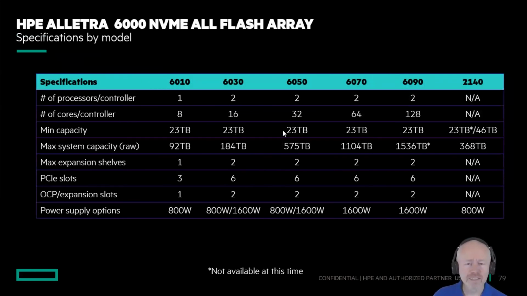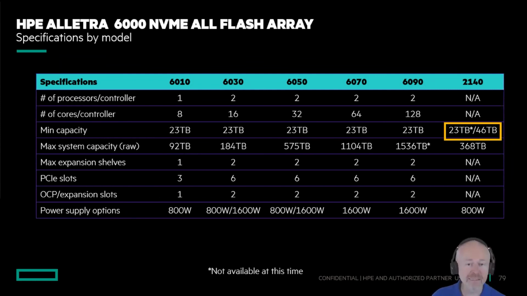And then I found this table of the specifications per model. The different models that we have, and how much capacity is available. There is a 23 terabyte model available. Why is that? Because the 6010 is limited to 92 terabyte of max raw capacity.